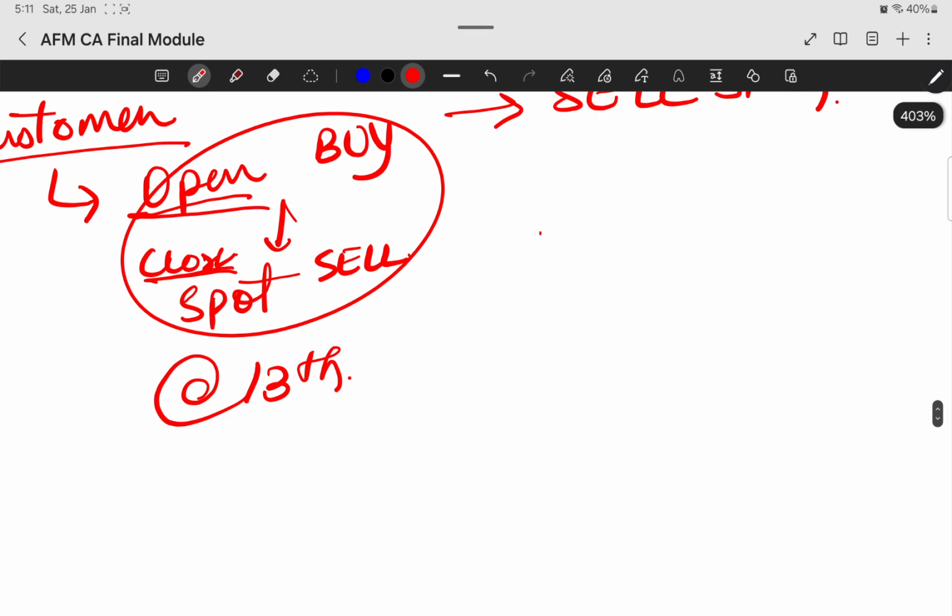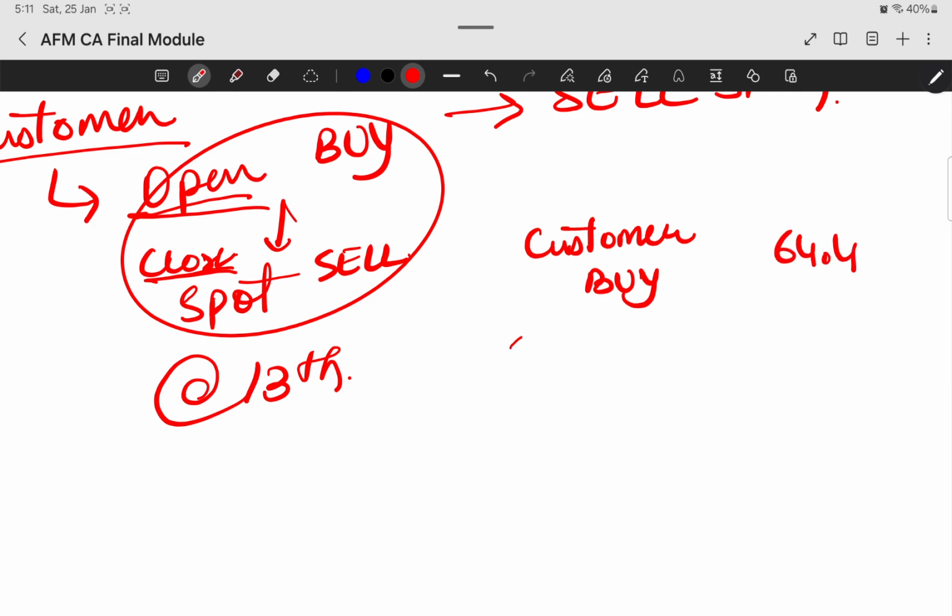Okay, so the customer would buy at the rate of 64.4 as previously and would sell at the rate of, let's just say, you have a working note for it.